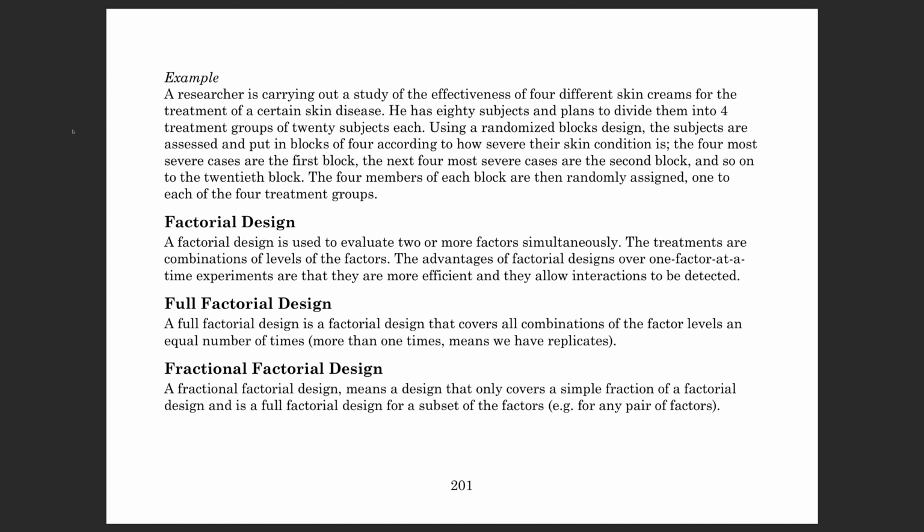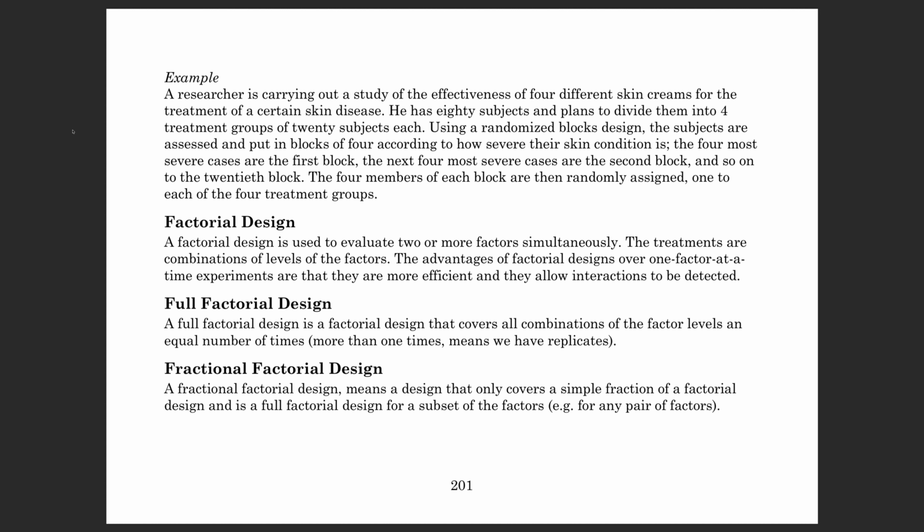So one possibility that we can consider is something called a fractional factorial design. So a fractional factorial design means a design that only covers a simple fraction of a factorial design and is a full factorial design for some subset of the factors.